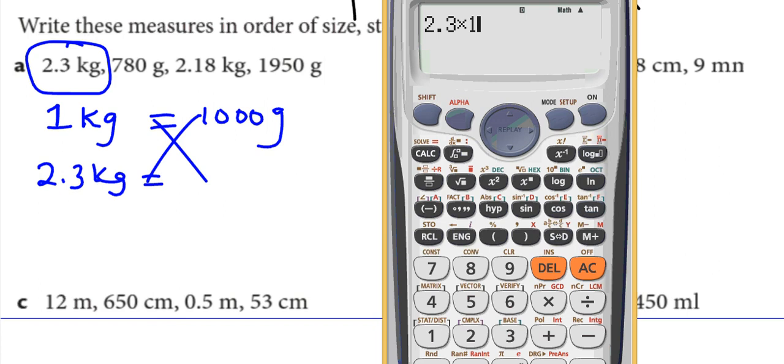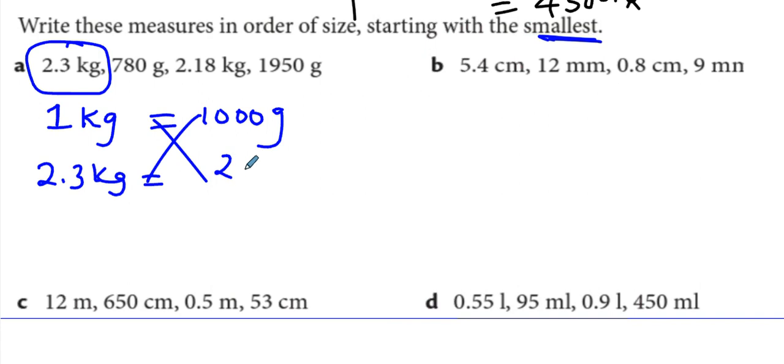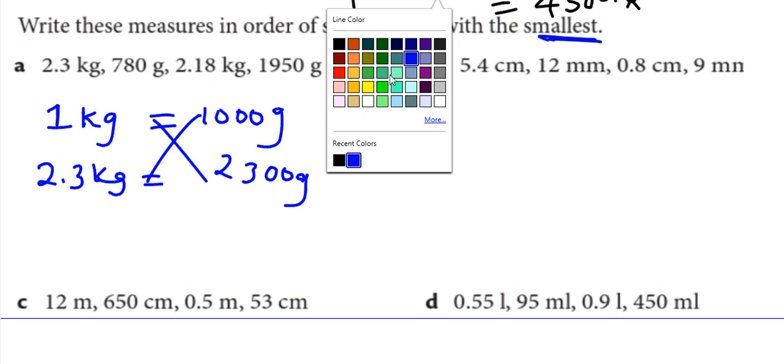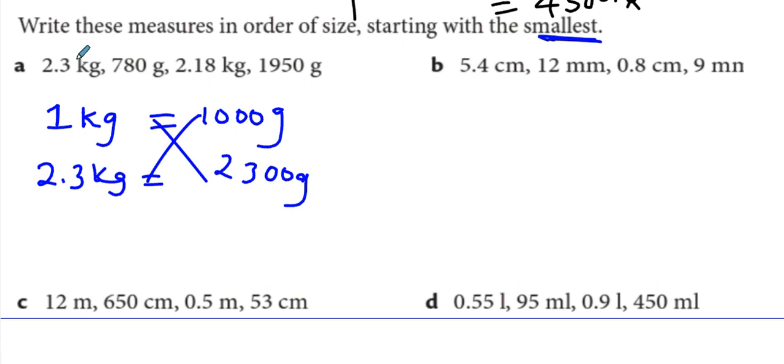The answer is 2300. That is gram. Okay. So we know now that 2.3 kg is the same as 2300 gram. This one will remain the same, 750 gram.